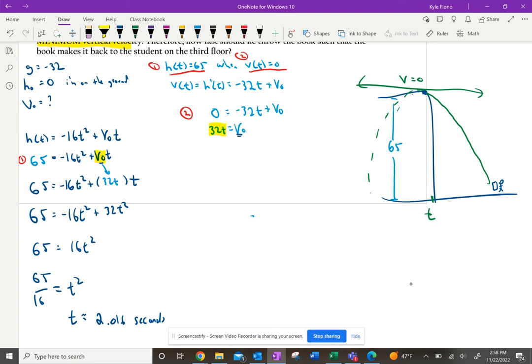Oh, excuse me, I see what I'm doing. In 2.016 seconds, we want to find the initial velocity. So just use this equation right here: 32 times the time, 2.016 seconds, equals my initial velocity. That comes out to be about an initial velocity of 64.498 feet per second.